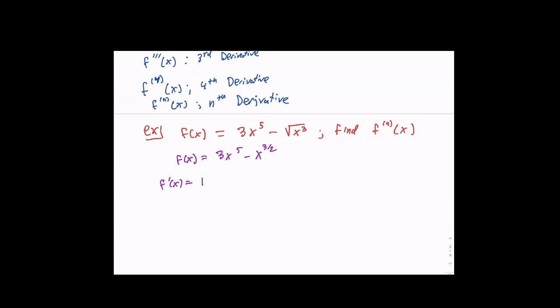15x to the 4th, keep going, minus 3 over 2 x to the 1/2. Perfect. Now we move to the second derivative.